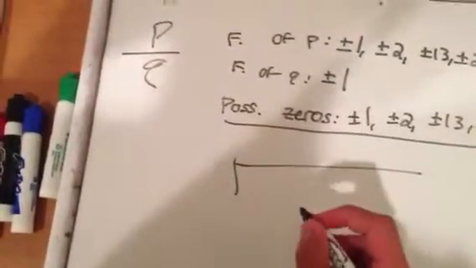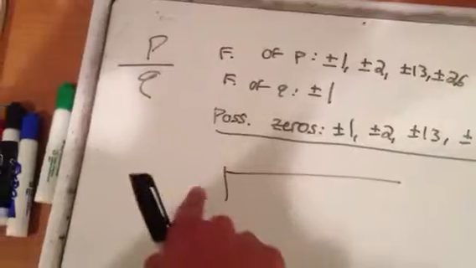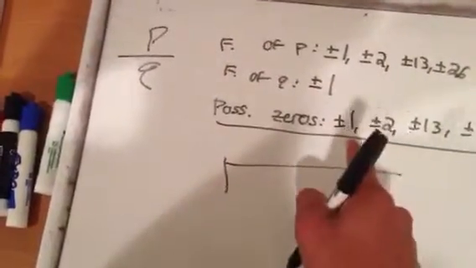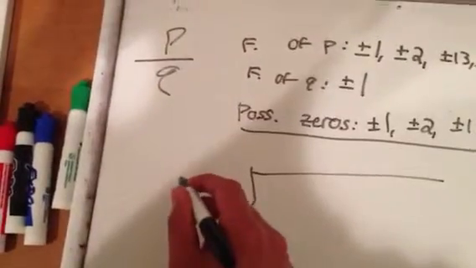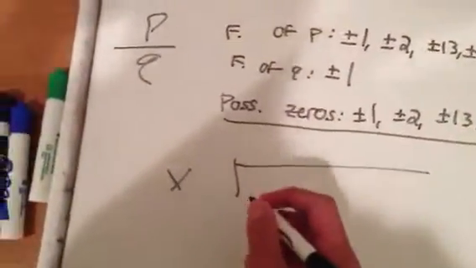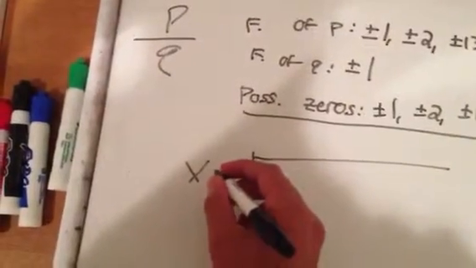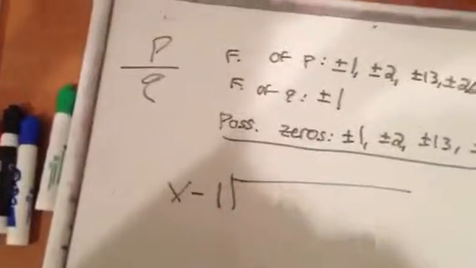So for this function, if you wanted to see if one of the zeros worked, or rather it was a factor, then you would put something like, let's test 1 for an example. If 1 was a 0, then the factor would be x minus 1, because 1 minus 1 is 0.